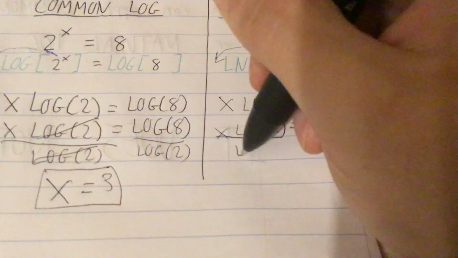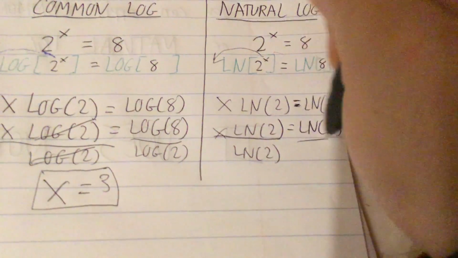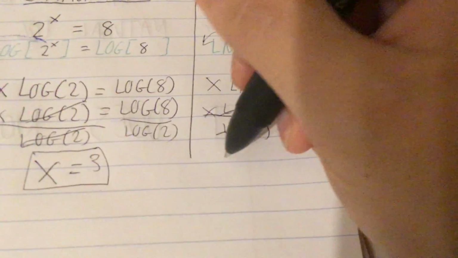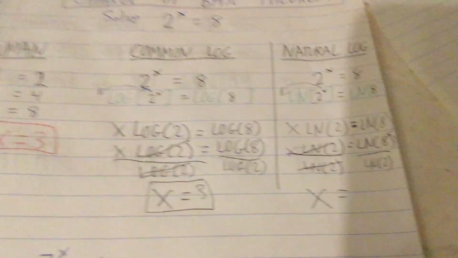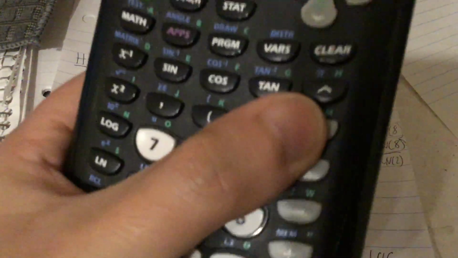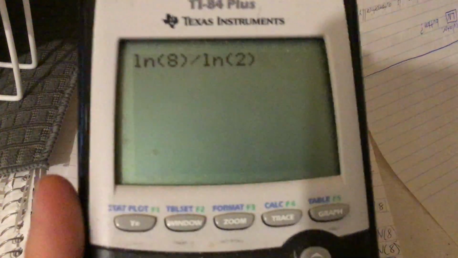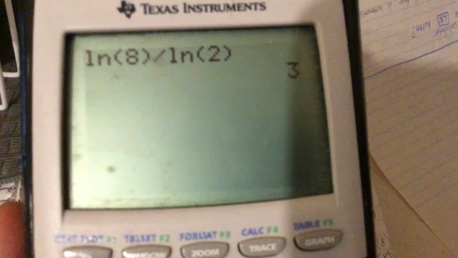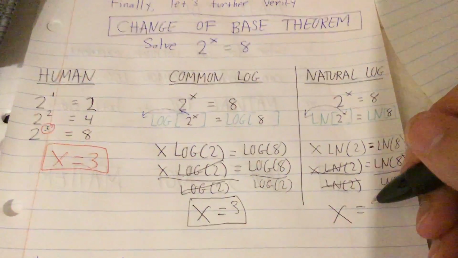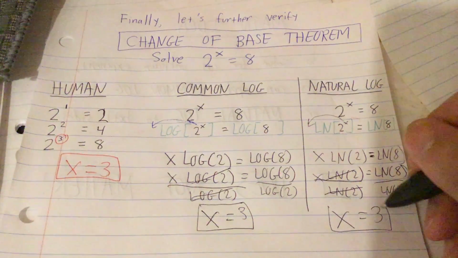So what I can do is divide both sides of the equation by ln of 2. That cancels out, so I'm using the properties of logs to say the natural log of 8 divided by the natural log of 2. Do you think I'm going to get the same result? I still get the same result, 3. There are 3 ways now that we have determined how to solve this problem.